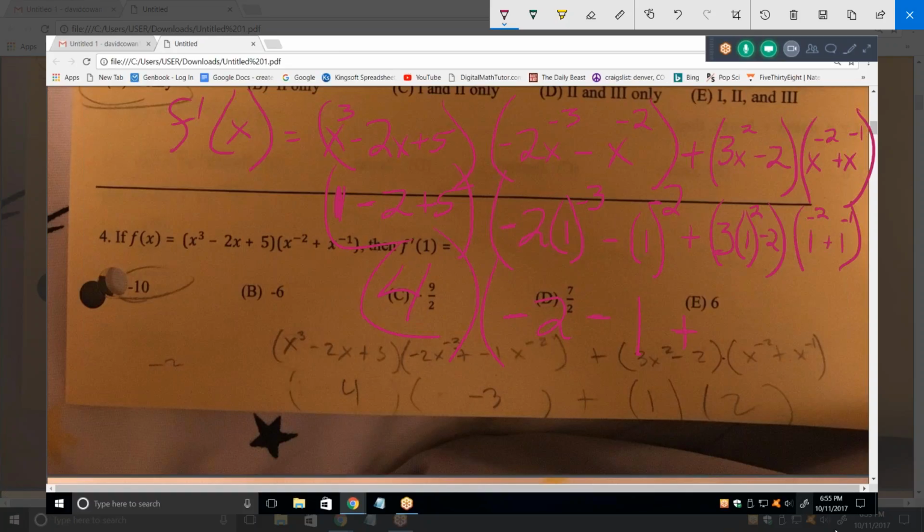Plus, this is 3 minus 2, so that's 1, times 1 plus 1, times 2. So what we now have is minus 3 plus 2, that's minus 1, times 4.